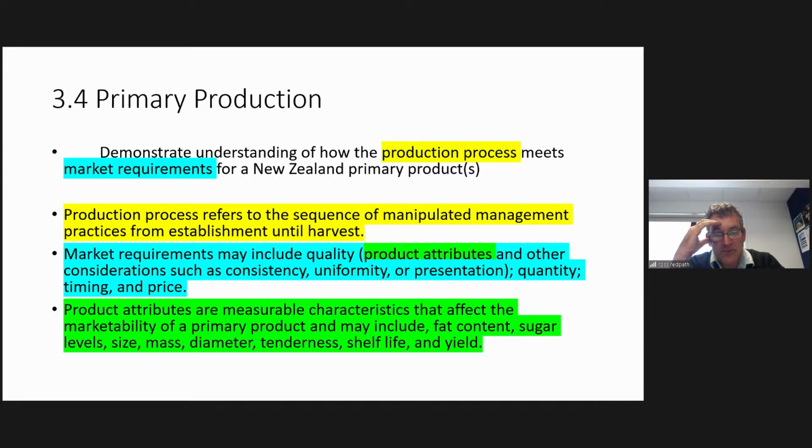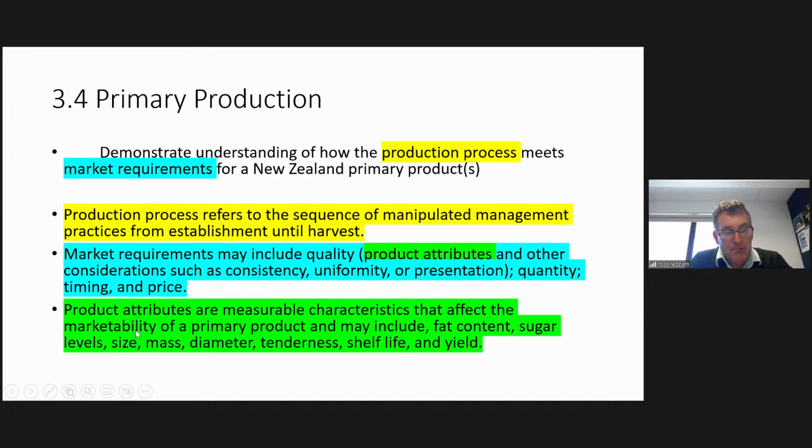Uniformity tends to refer to a particular group of animals or bins of fruit or produce being sent away. Uniformity in terms of the size of carrots or the count size of apples within a particular bin, tray, carton, etc. So how is that actually achieved?